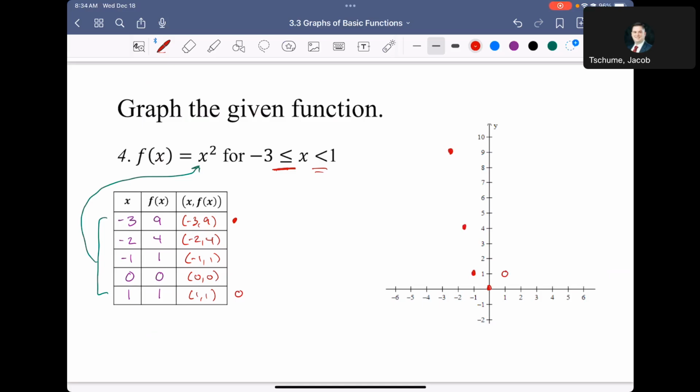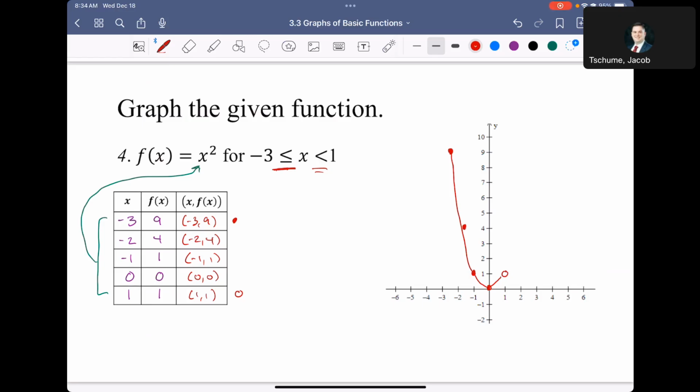And what ends up happening is that I only want to graph between these 2 points. I don't want to go beyond. So I'm going to graph straight down, and I'm going to stop at the left and right endpoint. And that would be a picture of an x squared graph that is stuck between -3 and 1, and we got our open and closed circles done correctly.